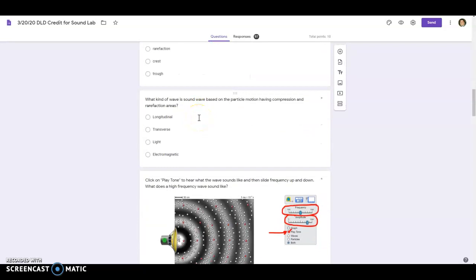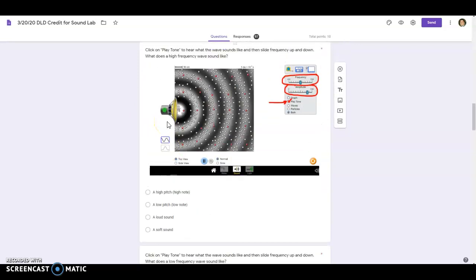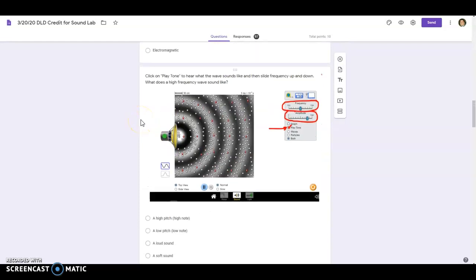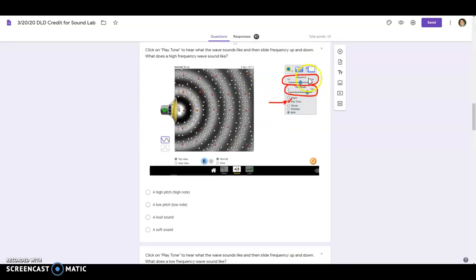Again, this kind of wave is called a longitudinal wave. When you actually listen to this type of wave and change the frequency slider over here, you do this through the PhET simulation. You want to play with it some more.